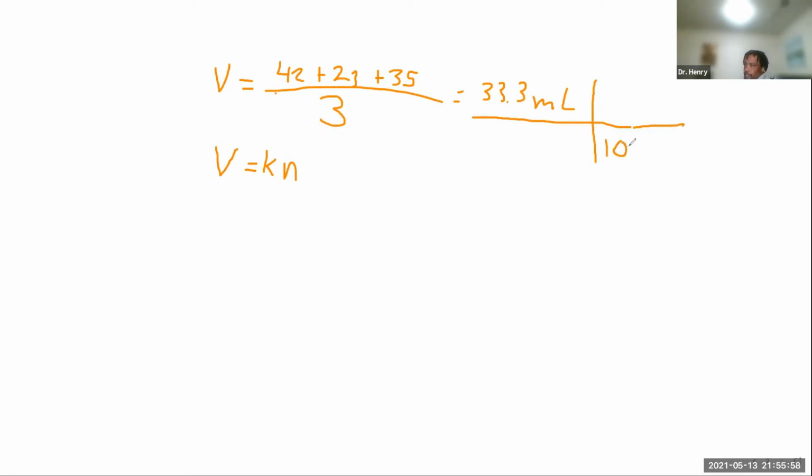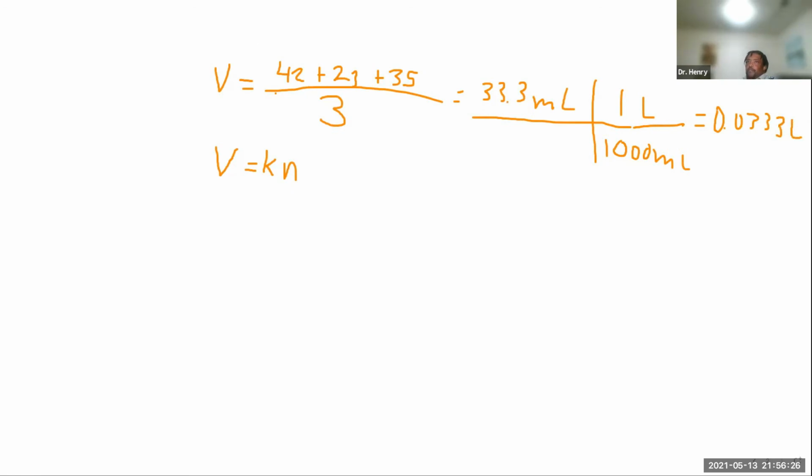Okay, so 1,000 mL equals 1 liter. So it would be 0.0333. Okay, that's my number then.